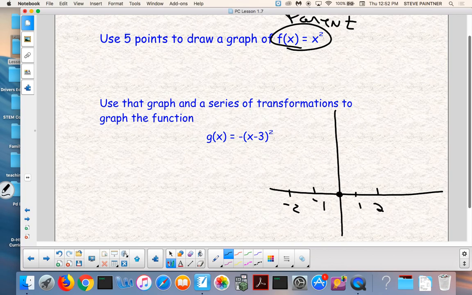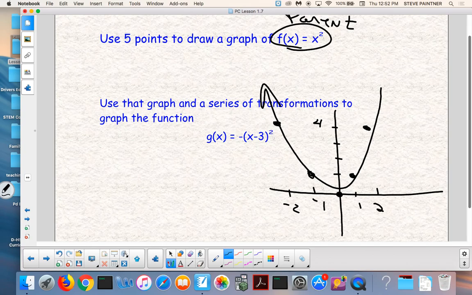So 0 goes in, 0 comes out, 1 goes in, 1 comes out, right? 2 goes in, 4 comes out, right? And it is a parabola. It's symmetrical over the y, so it's here, and then it's here. So it's just like that, right?